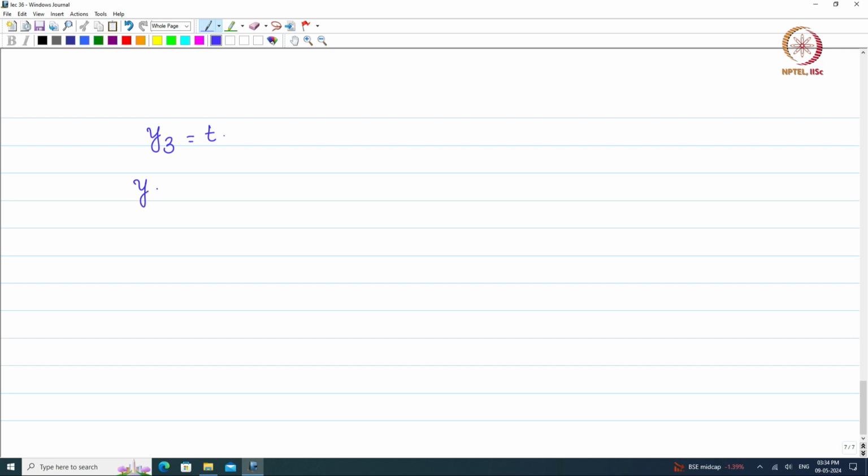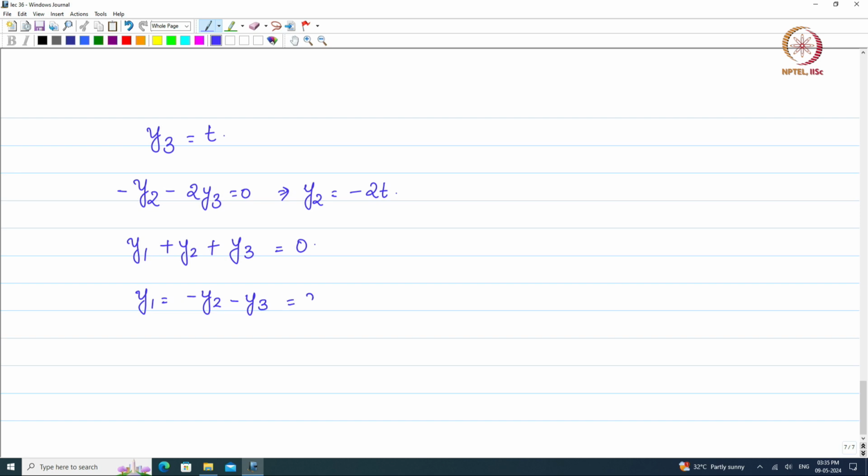Then we had minus y2 minus 2 y3 is equal to 0, which implies y2 is equal to minus 2t. And y1 plus y2 plus y3 is equal to 0, therefore y1 is equal to minus y2 minus y3, which is basically 2t minus t, which is t.